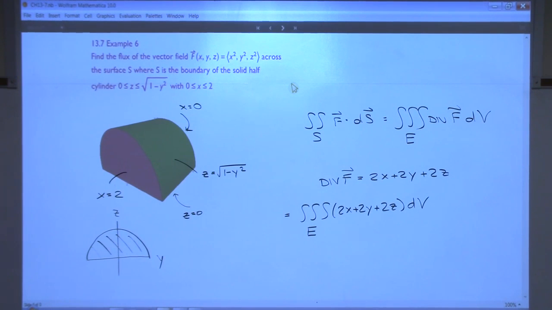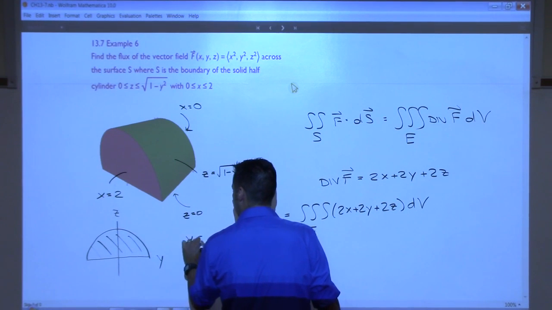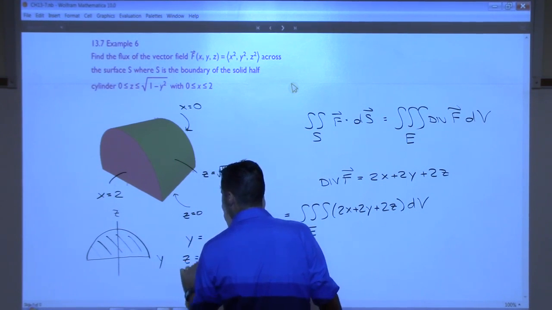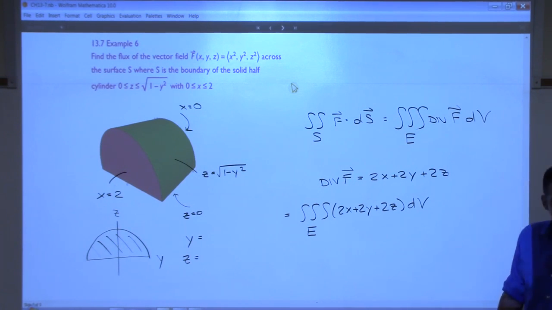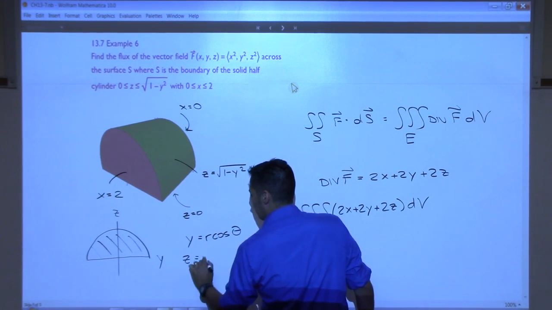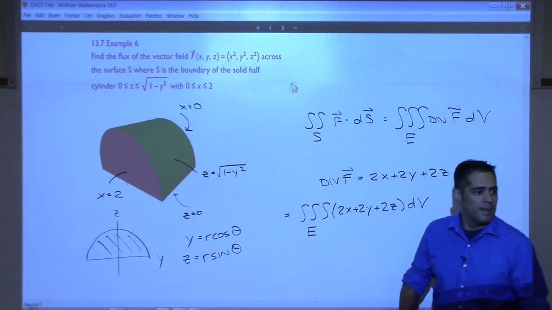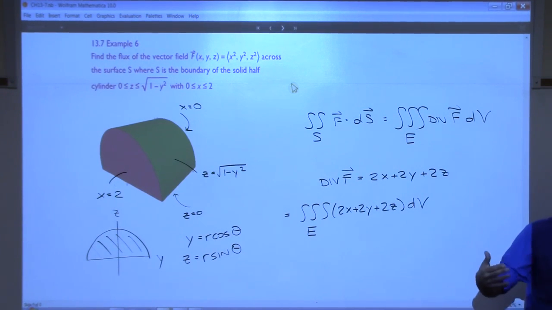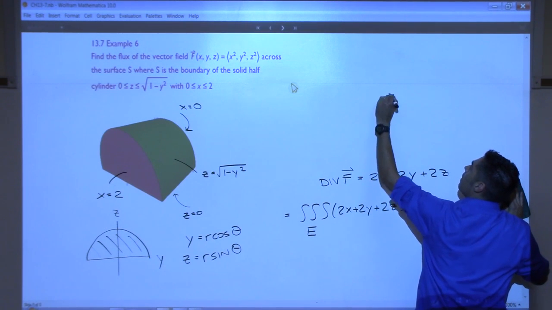So I'm going to go ahead and make my conversions now. I'm going to let y be equal to something and z be equal to something. What am I going to let them equal? y is going to be r cosine theta, and z is r sine theta, right? And then we have the Pythagorean identity, y squared plus z squared is r squared. All those things are in play, right? And I'm going to put my restrictions. What are my restrictions on theta?